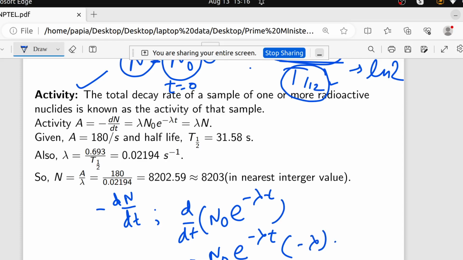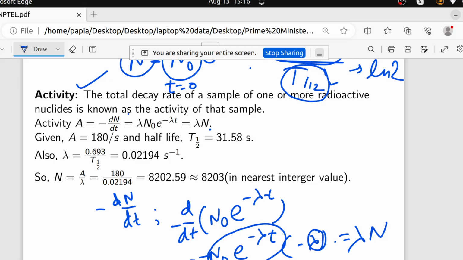Since the activity is minus dN/dt, minus minus is plus, and this lambda comes here, and as a whole this term is nothing but N again. That's why activity is minus dN/dt, which is lambda N0 e to the power minus lambda t, which is nothing but lambda into N.